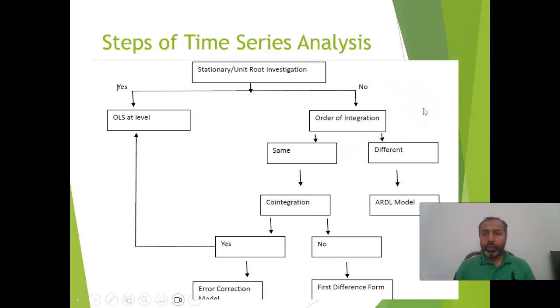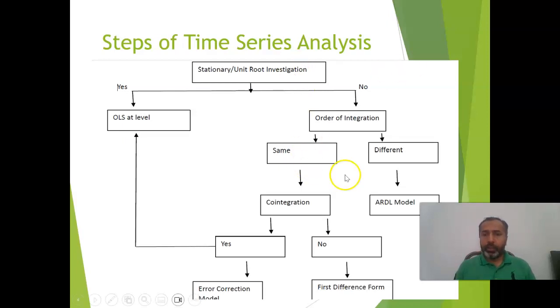Including all the independent variables as well as the dependent variable, we shall try to see what their order of integration is. It means that if at level they are non-stationary, whether they become stationary at first difference or at second difference, or some variables become stationary at first difference and some at second difference.